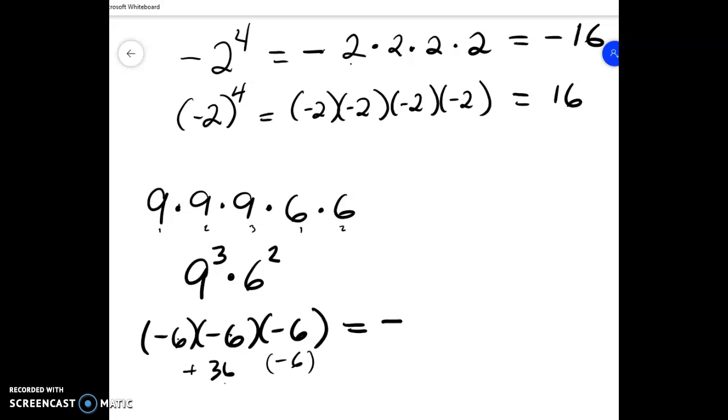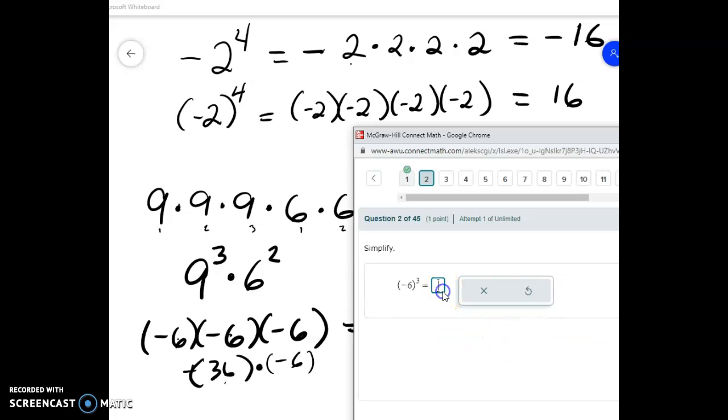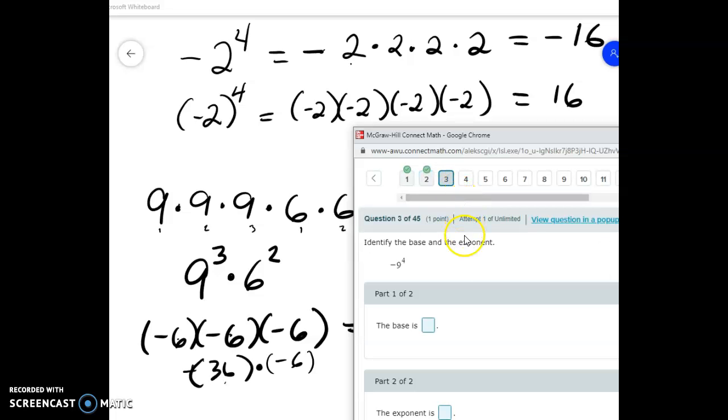Negative 6 times negative 6 is 36, so positive 36, and still multiplying it by negative 6. So 36 times 6, doing this multiplication, I end up with 216, and that's negative 216. So let me put that in here. So I'm going to hit the negative sign, 216, check my answer. So let's just flip through the first few here.